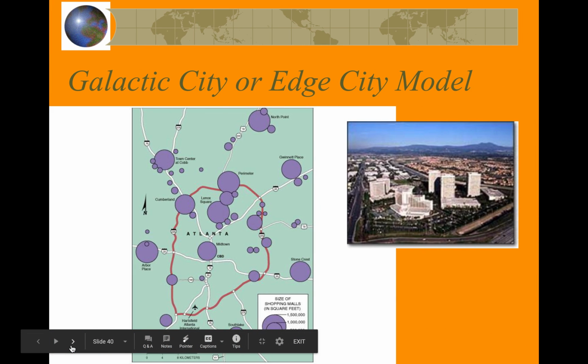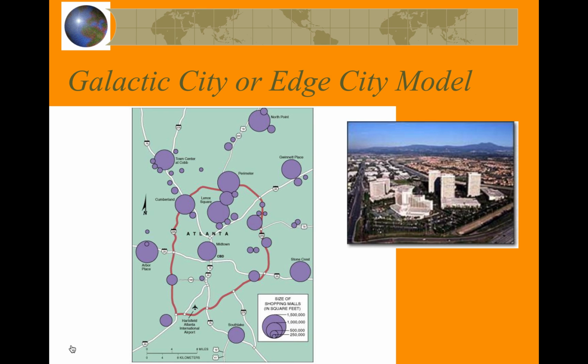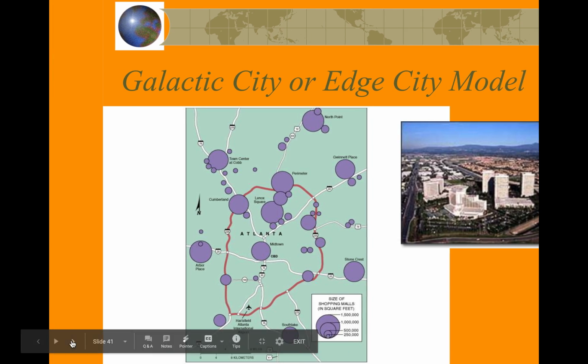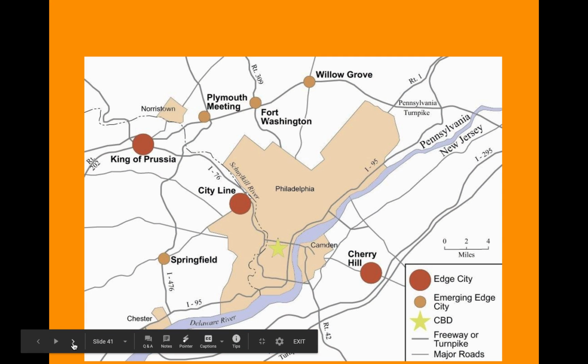All right, now on to the Galactic City model. This is the most contemporary model that would be most applicable to our urban areas today. When we think about major changes due to the automobile, really it happens after World War II, especially with conurbations or the suburbanization of the central city.